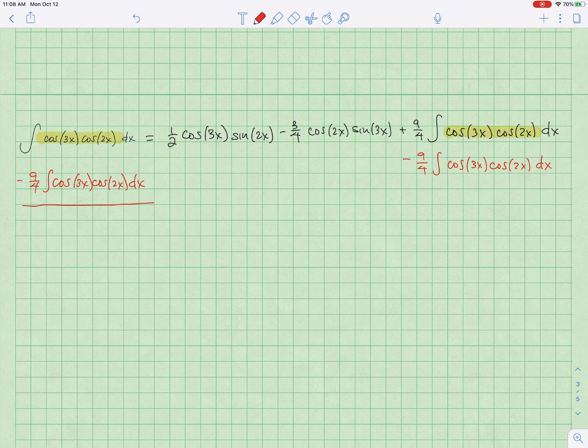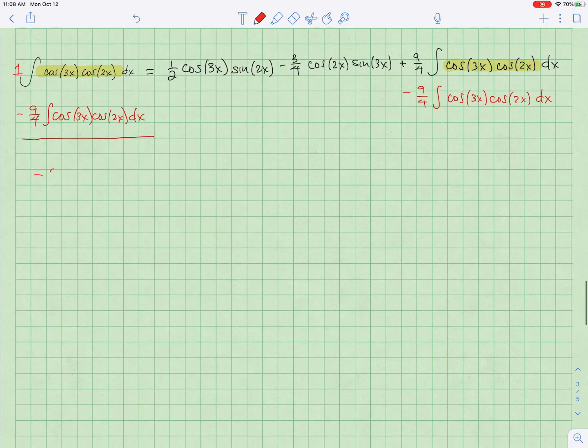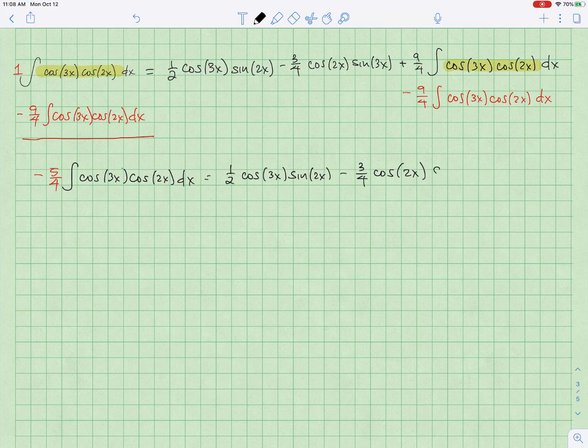And doing some quick arithmetic here, this is one of those integrals. Minus 9/4 is going to give us negative 5/4. The integral cosine 3x cosine 2x dx is equal to 1/2 cosine 3x sine 2x minus 3/4 cosine 2x sine 3x.